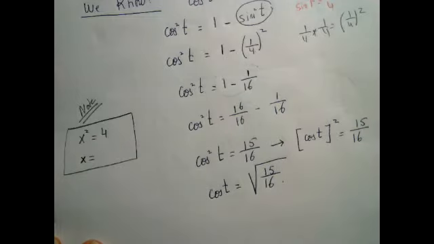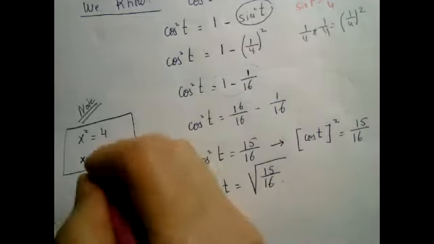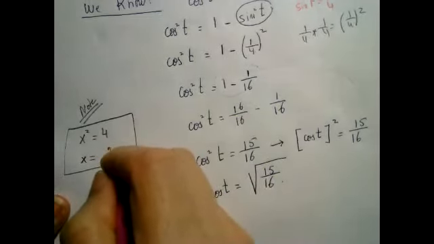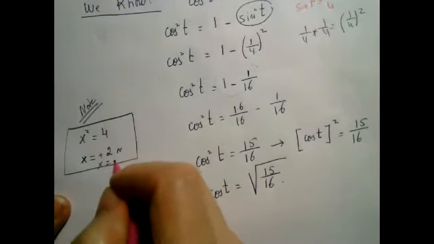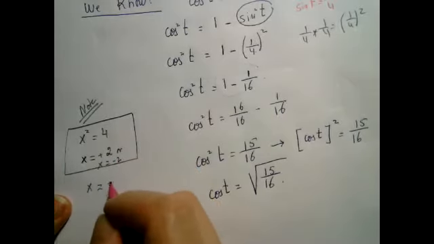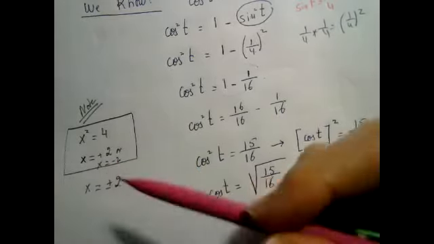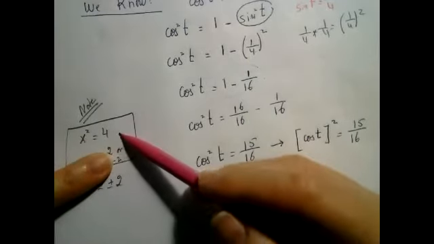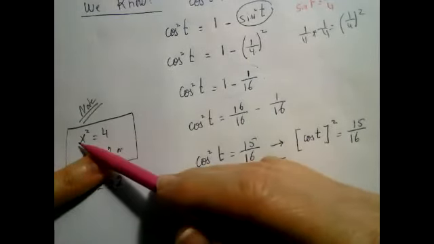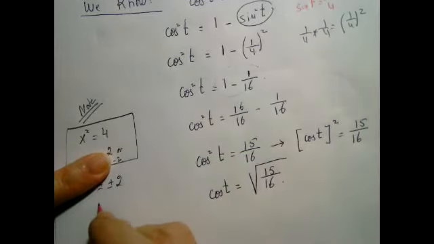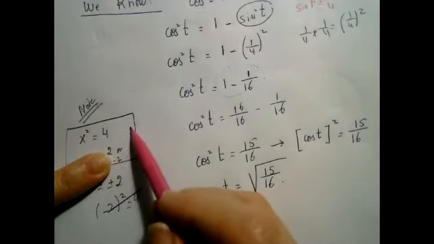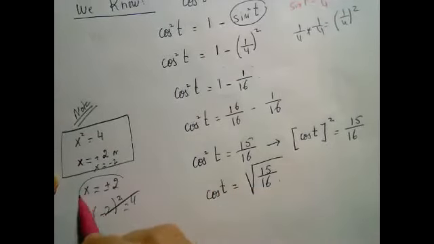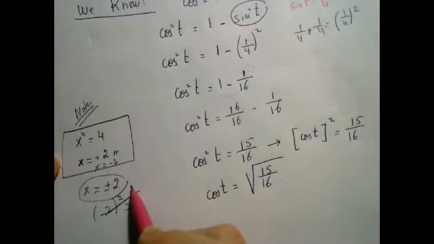It's not only 2. It's 2 or minus 2. Is that correct? Sometimes you write it plus or minus 2. Why? Because if you plug in 2 for x, you get 4. If you plug in minus 2 for x, you also get 4, because minus 2 times minus 2 is equal to 4. So if x squared equals 4, x could be either the positive 2 or the negative 2.